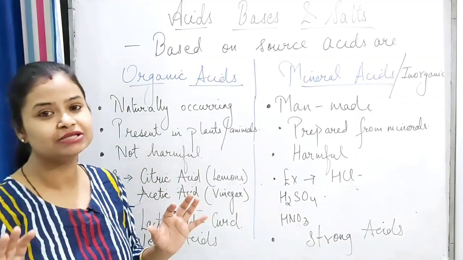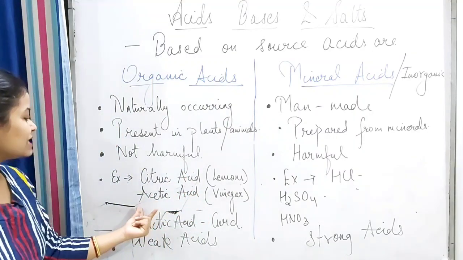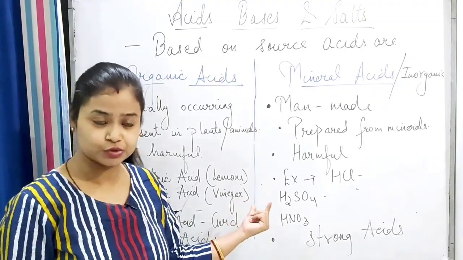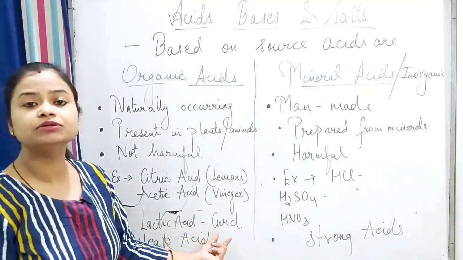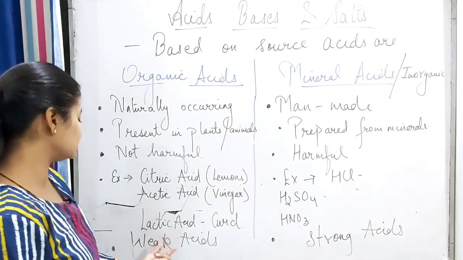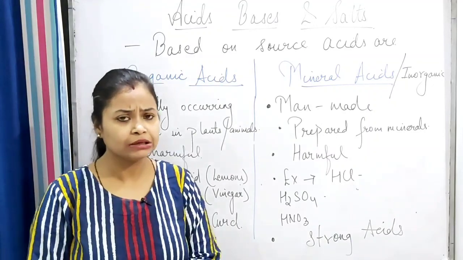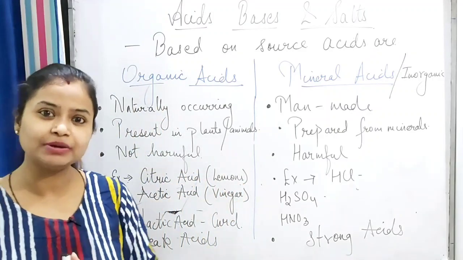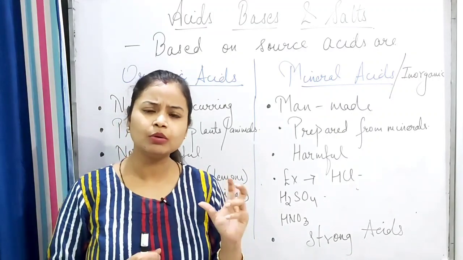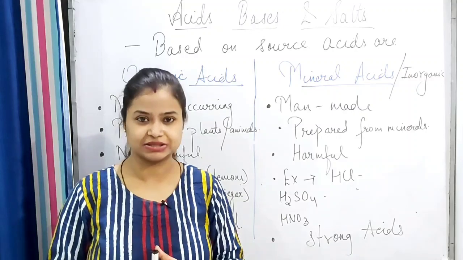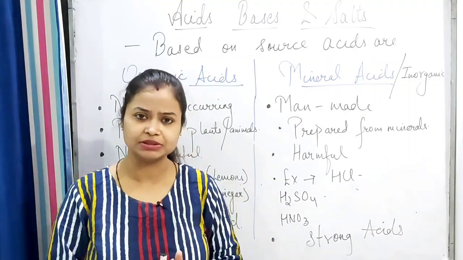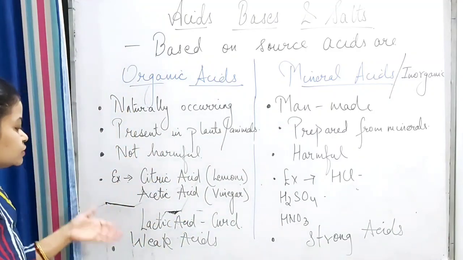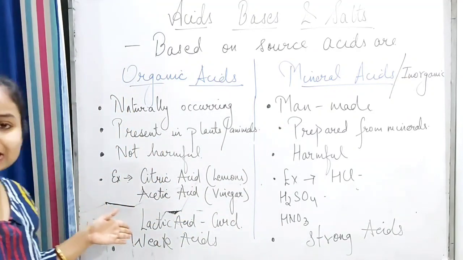Acetic acid is present in vinegar. सिरका बोलते हैं हम इसको हिंदी में. In curd, specifically sour curd, lactic acid is there. Tamarinds consist of one more acid known as tartaric acid. So there are many examples. These all are the examples of the organic acids.